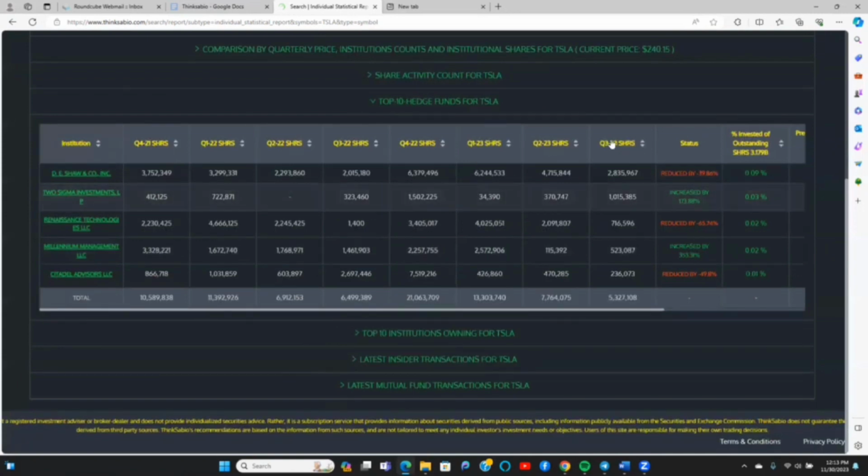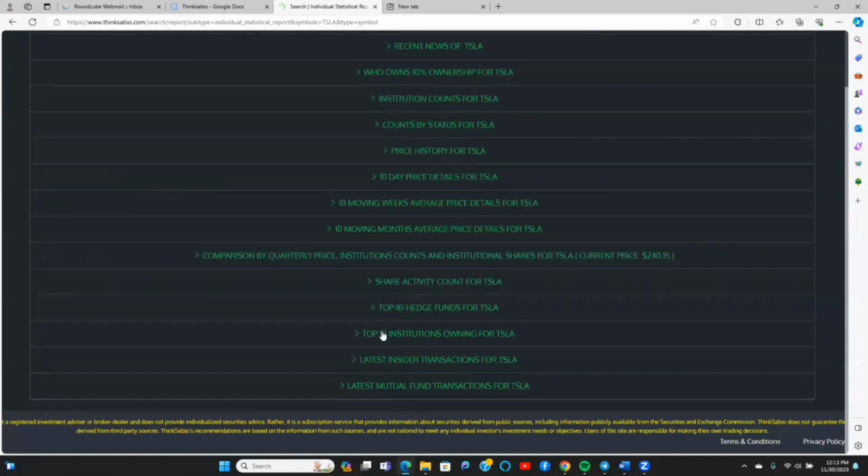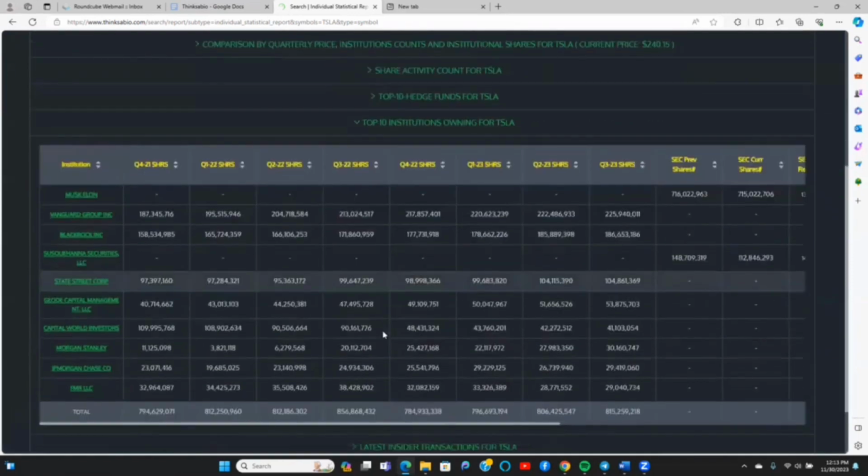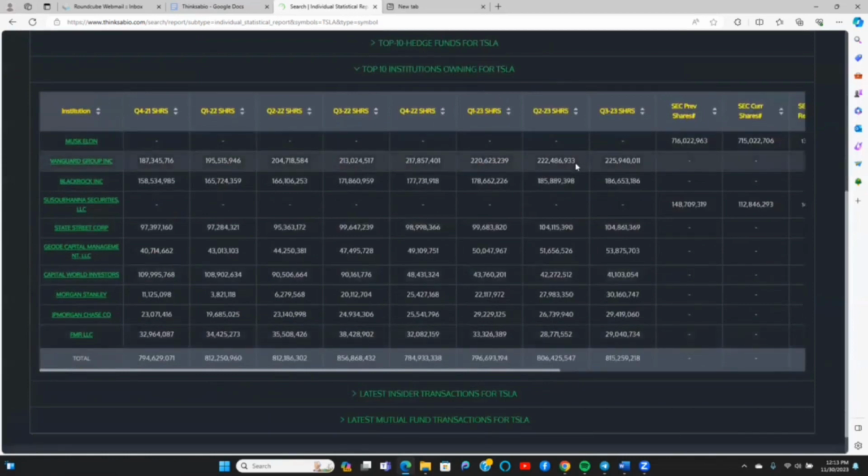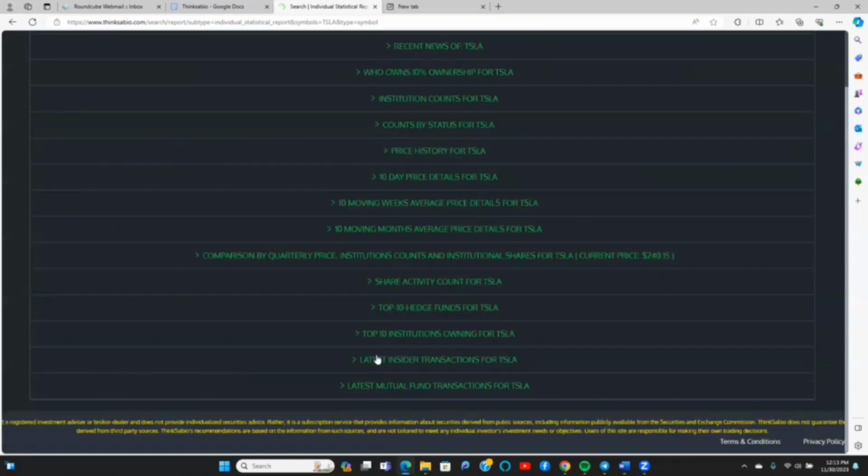You can look at their shares over each quarter, going back to Q4 2021, and how much that has increased. And this gives a good look at who's investing in Tesla and how much they're investing, whether they're buying or selling. The top 10 institutions, similar to the hedge funds, but it does show institutions like Vanguard, BlackRock, and State Street.